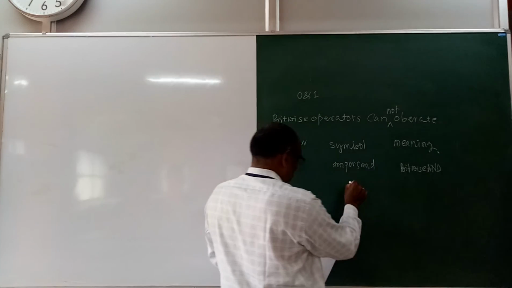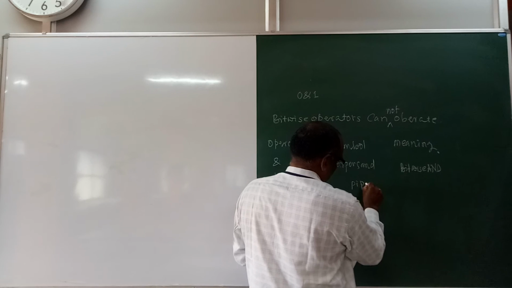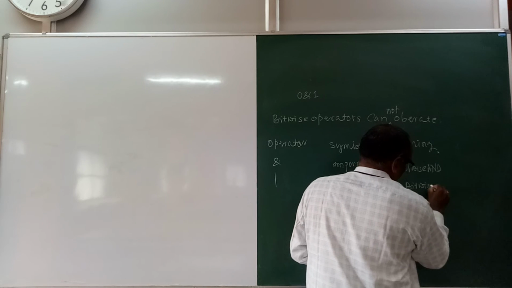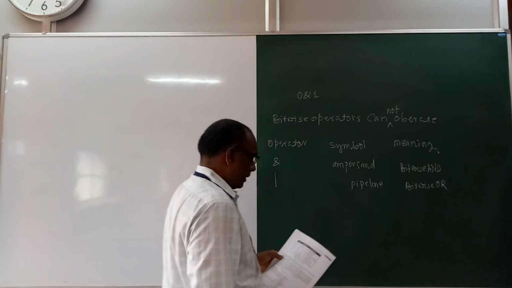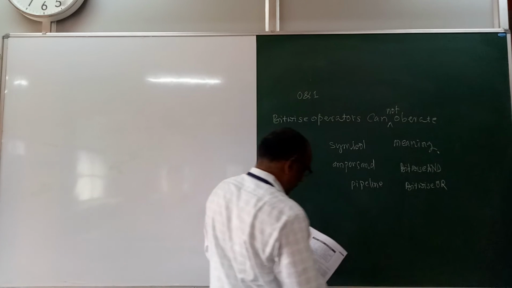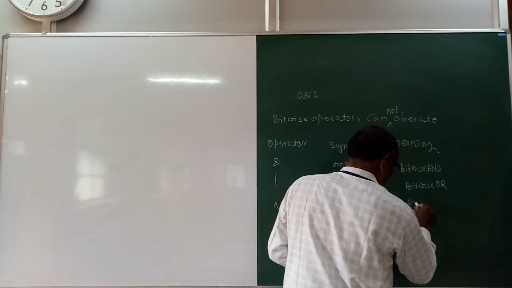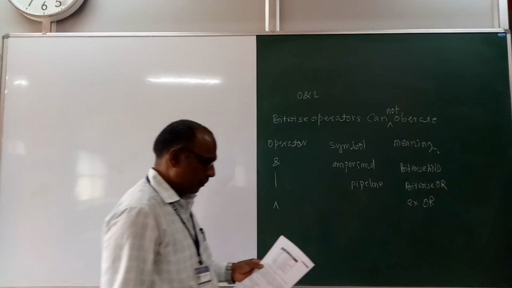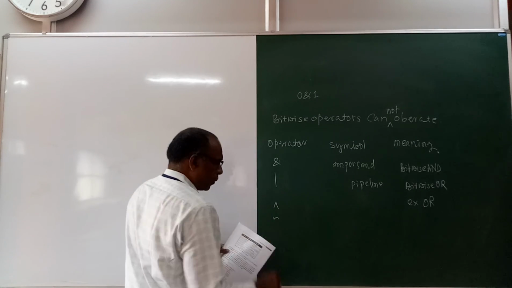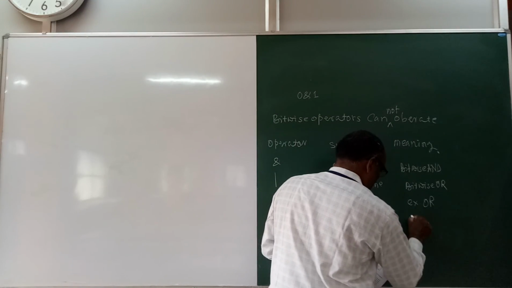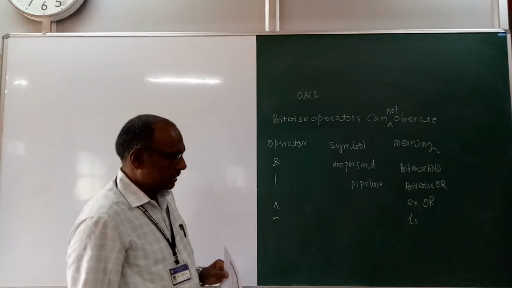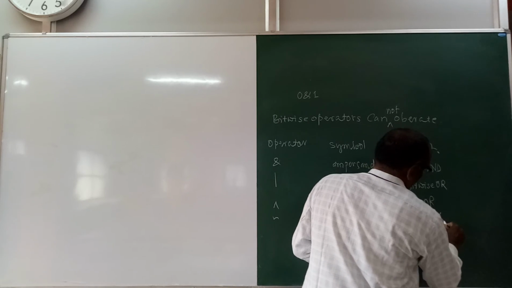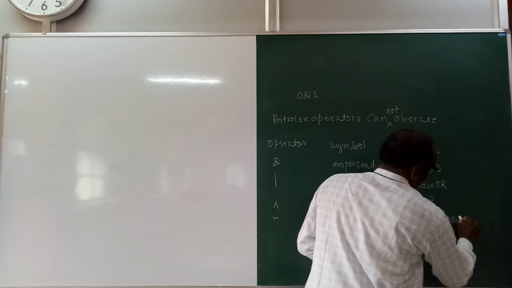Pipe, the single pipeline, is bitwise OR. Caret is exclusive OR, XOR, and this is one of the gates: AND gate, OR gate, exclusive OR gate. Tilde is one's complement. This is again Boolean algebra. Hope you have learned this.